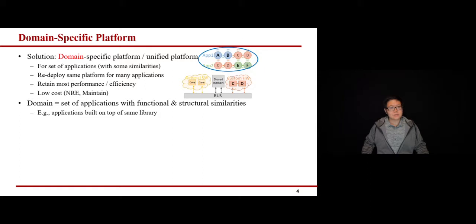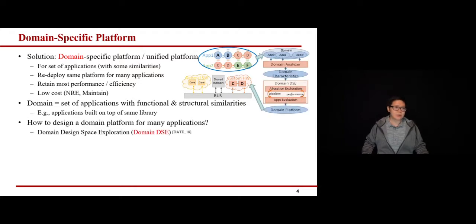The domain concept here is a set of applications with functional and structural similarities. For example, applications built on top of the same library can be considered as the same domain. In our previous approach, we introduced domain design space exploration, domain DSE, to obtain the domain platform according to the domain applications.